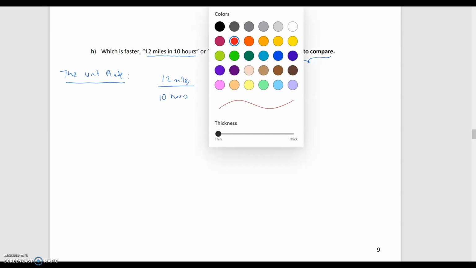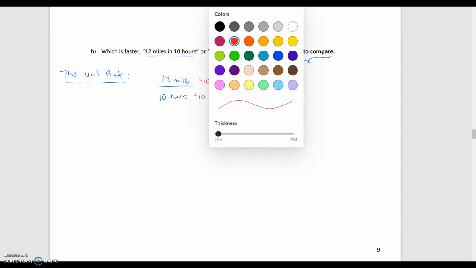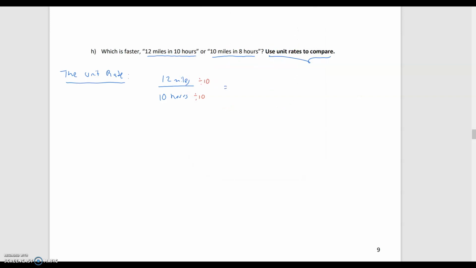We need to have the unit rate, you have to have a 1 at the bottom. So I'm just going to be dividing by 10 and dividing by 10. Dividing by 10, this is just going to be 1.2 miles per 1 hour. This is not our final answer, but this is the quantity that we're going to be comparing.